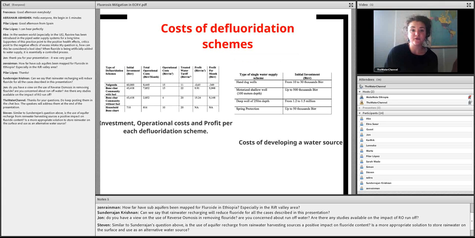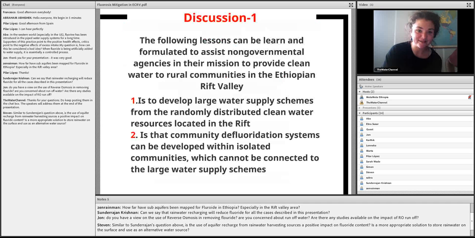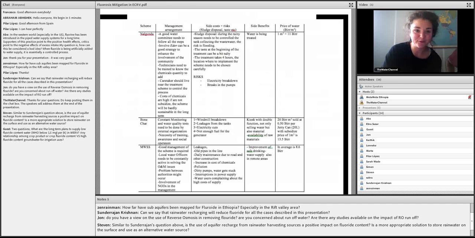On the other side, we have the defluoridation schemes, Nalgonda and Bonchar, at the household level and the community level. I will go at the end to these tables that compare the Bonchar and Nalgonda methods and multiple water supply schemes.